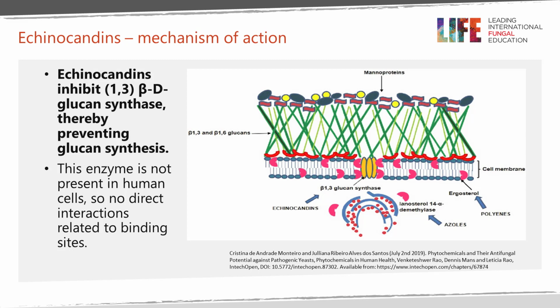These inhibit the beta-D glucan synthase, and this prevents glucan synthesis. This enzyme is not present in human cells, so there's no direct interactions related to binding sites. Hence, as in the first slide that I showed you, there are very few severe interactions with these drugs.